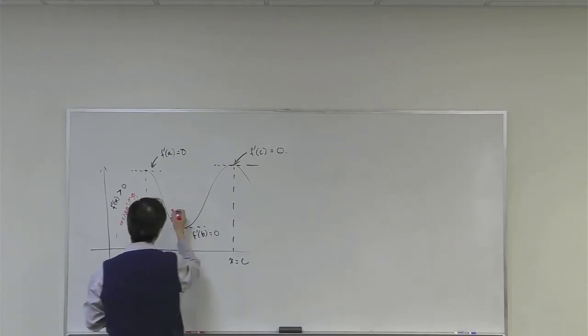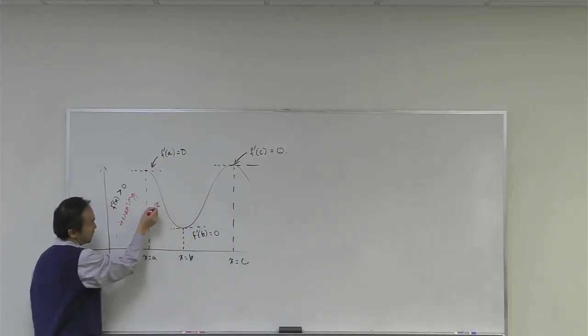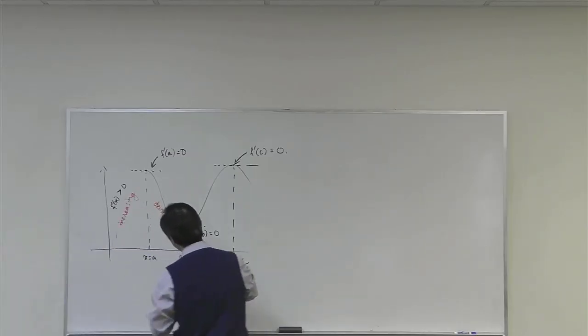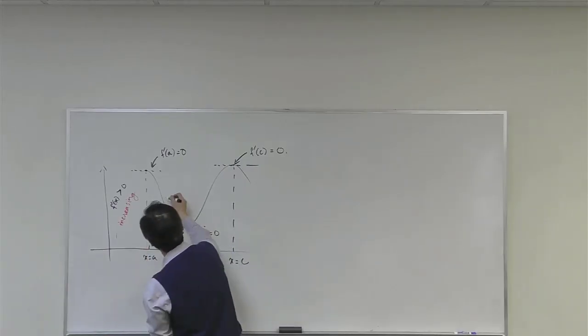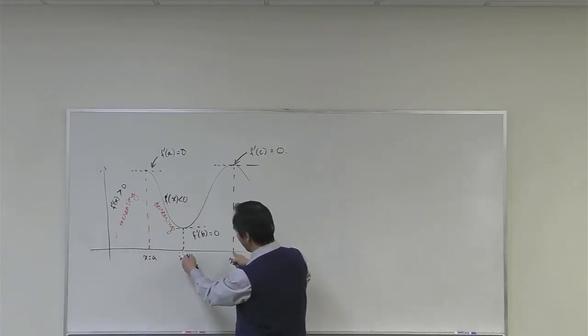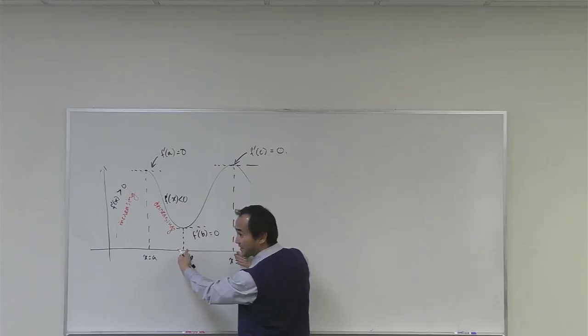In this interval between a and b, the function is decreasing, and so the derivative, according to the theorem, is negative. Then between the interval over here, from the left to the right, the function is rising, getting higher and higher.